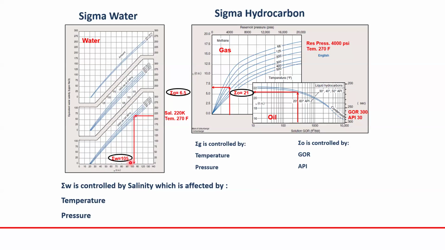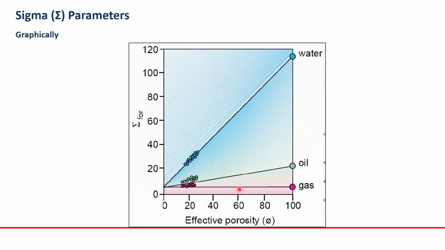The same for sigma gas, which is controlled by temperature and pressure. You take the pressure and temperature, go to this chart, and it gives you sigma gas with this value. And sigma oil is controlled by GOR and API. You have the GOR from production and the API from the PVTs, so you can get sigma oil. Okay.